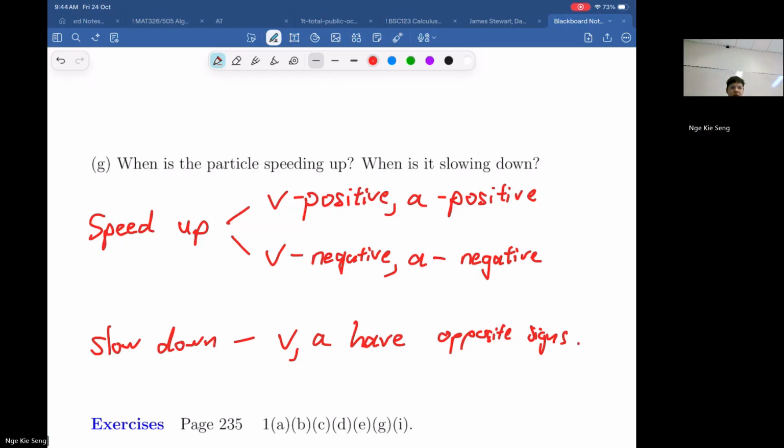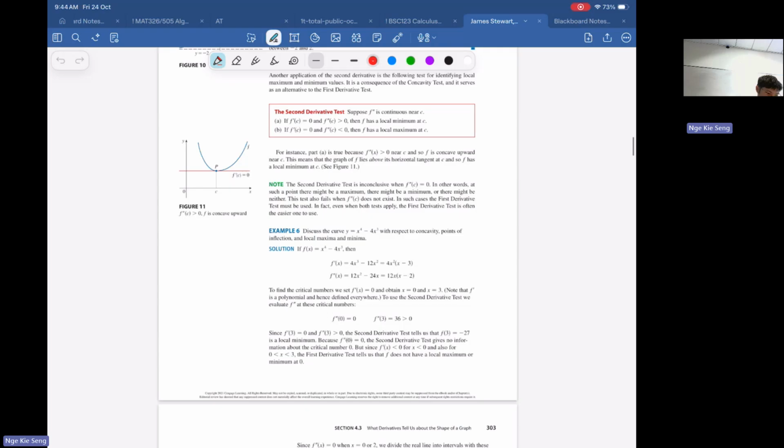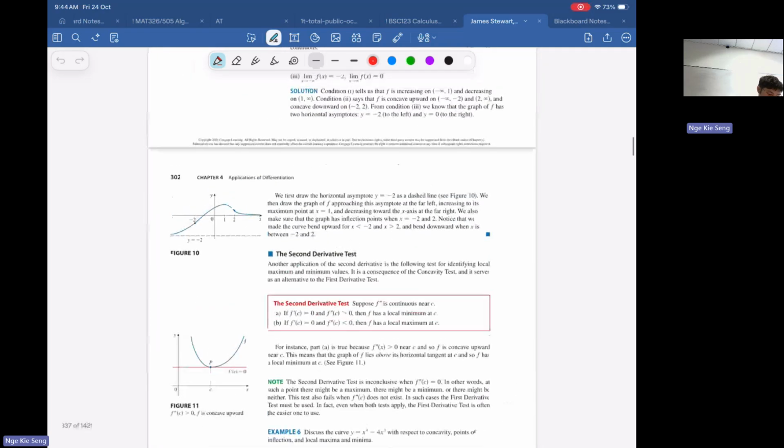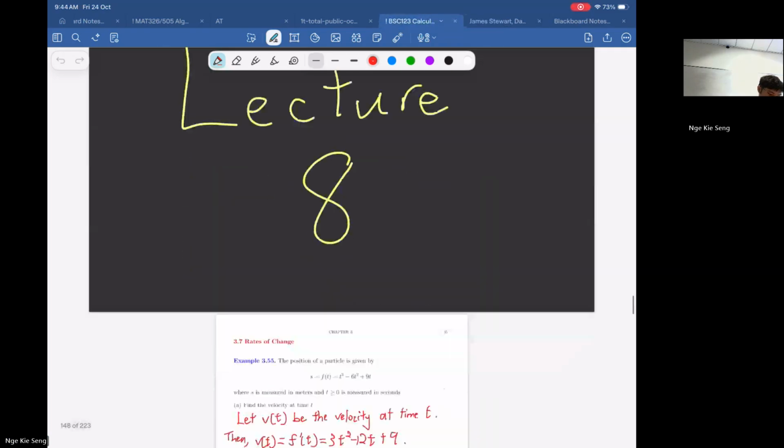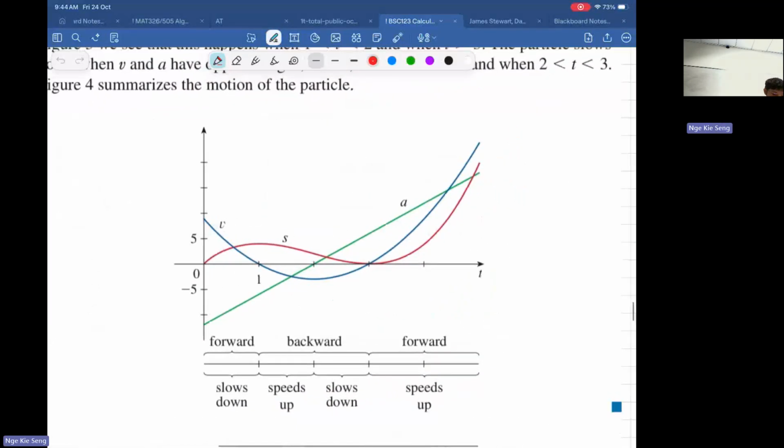So how to figure this out? You should plot the graph. Otherwise, I think it's very hard to compute. So this is the graph.